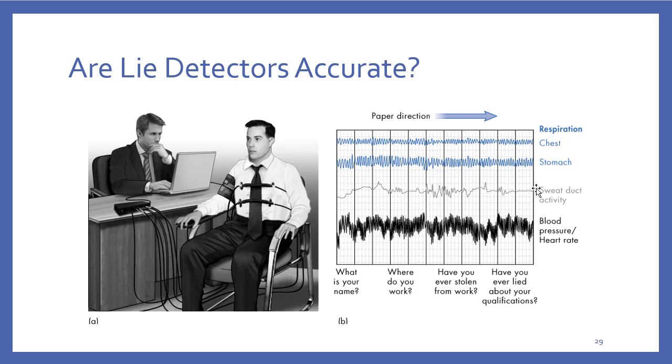You can see certain changes happen when certain questions are being asked, and you'd say, oh wow, there are certainly some changes here as a result of being asked about lying. This looks like somebody is lying when maybe they're asked, where do you work? And if they give an answer that they don't believe or feel nervous about, they're going to have a change in their basal functioning.